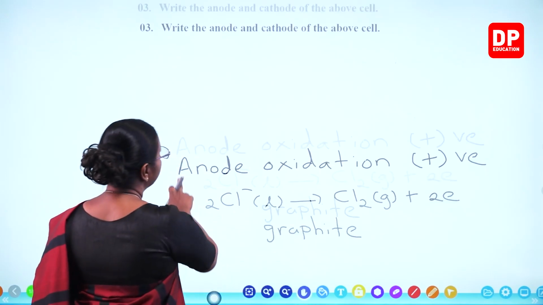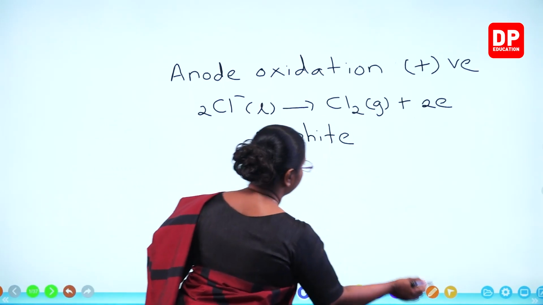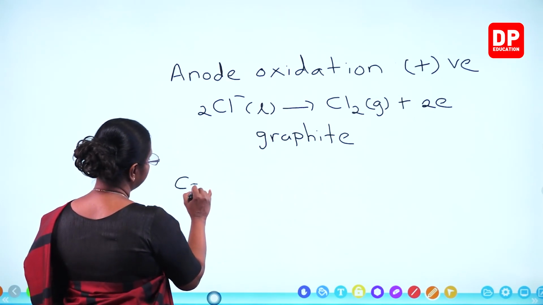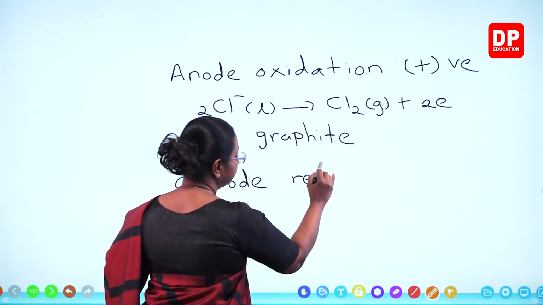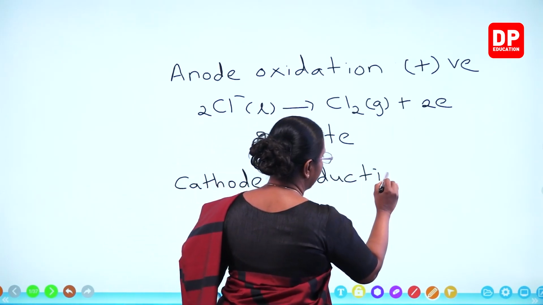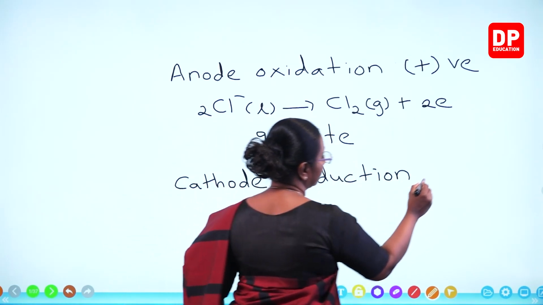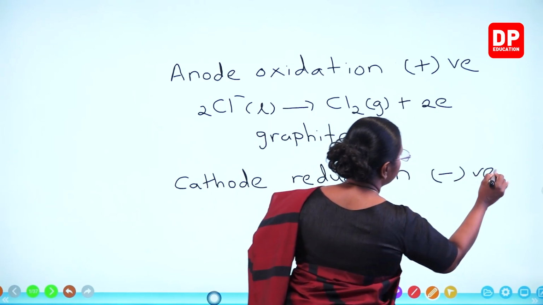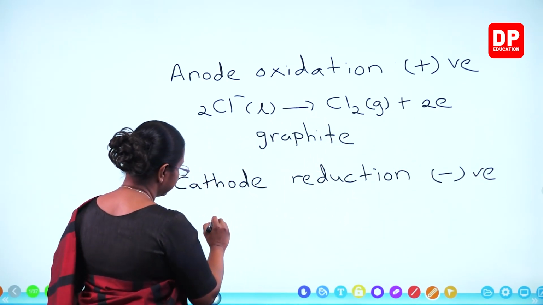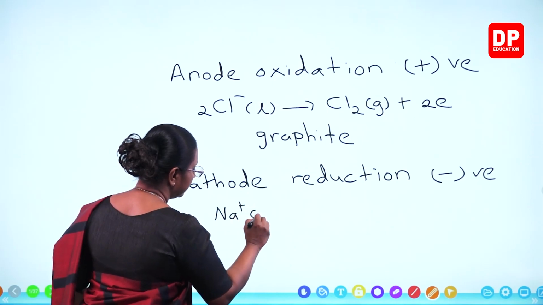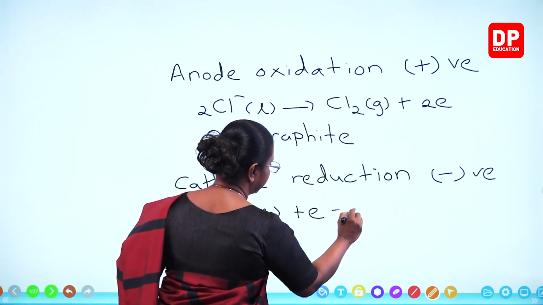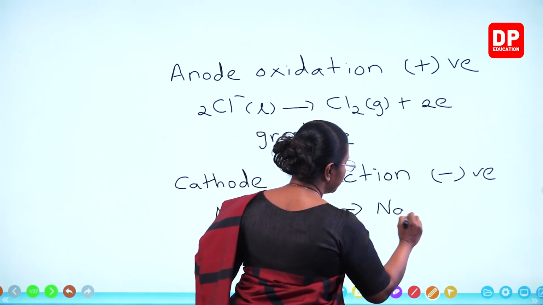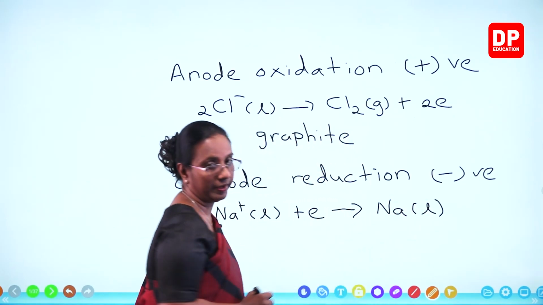Then, if you take the cathode, the reaction near cathode, you all know, is reduction. And in the Downs cell, cathode is negative. So there are sodium ions, Na+ ions get attracted to the negative electrode. They take up electrons and become sodium liquid.